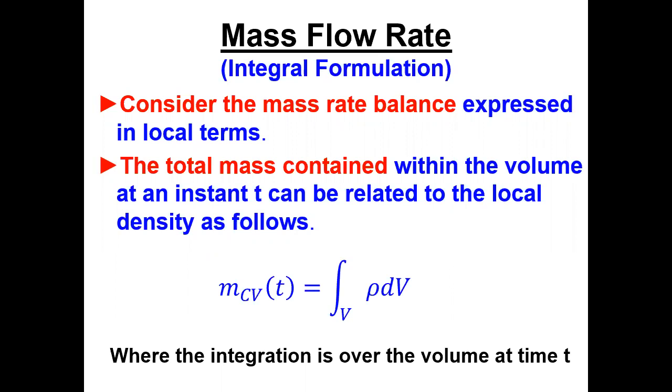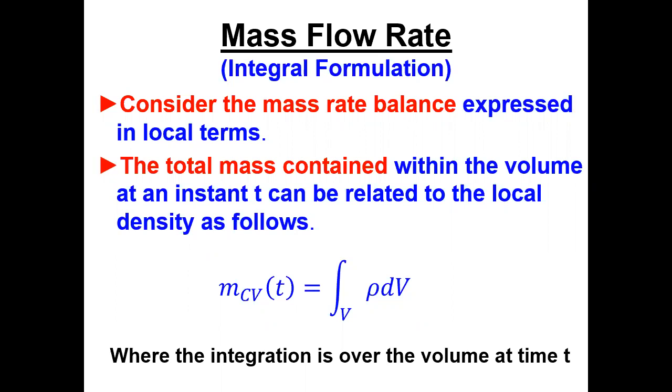So the mass in a control volume at any time t can be calculated if you know this density function, by taking that density, which is the density at every little dV, and then multiplying it by dV, and that's the local dm, and then we integrate that all over the control volume, and we come up with the total mass.